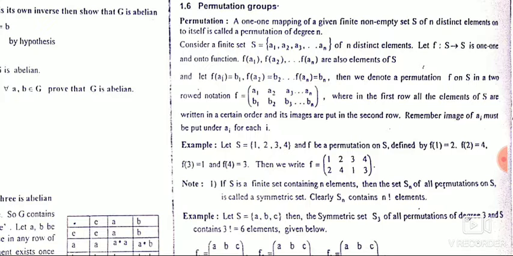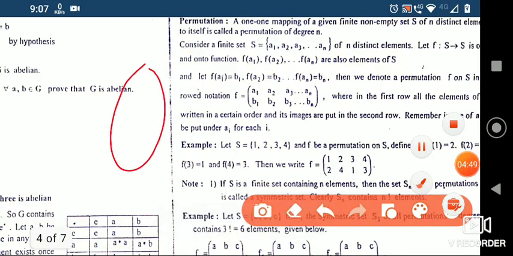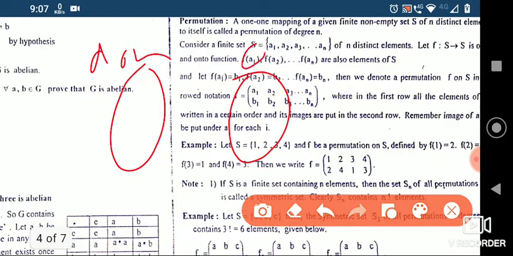So first example, let set S contain 1, 2, 3, 4, and f be a permutation on S defined by, okay, how is f defined? Remember, f is a function which takes a point from, let's say this one is domain and this one is codomain.